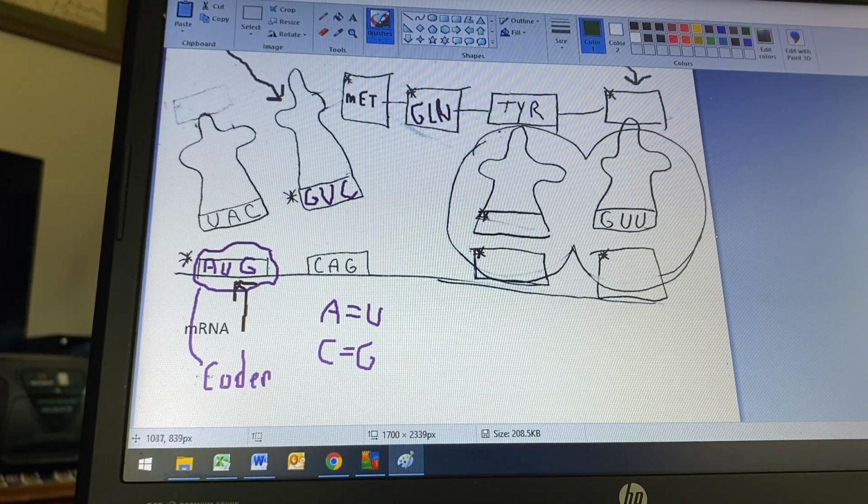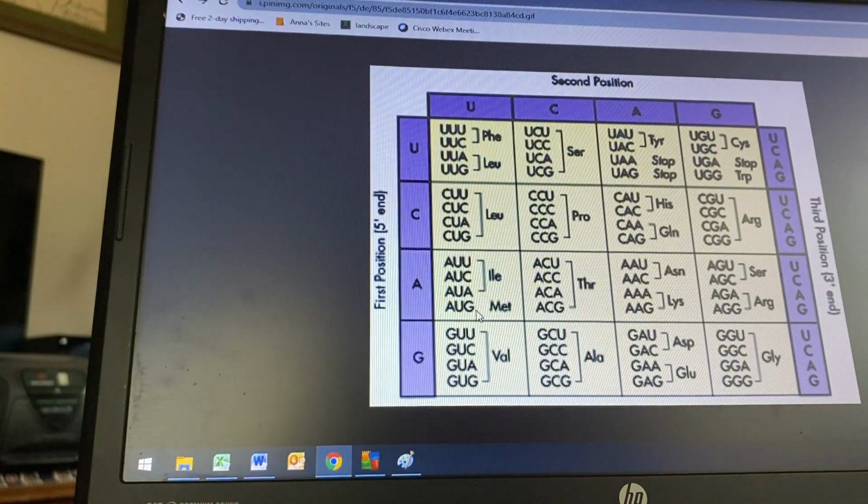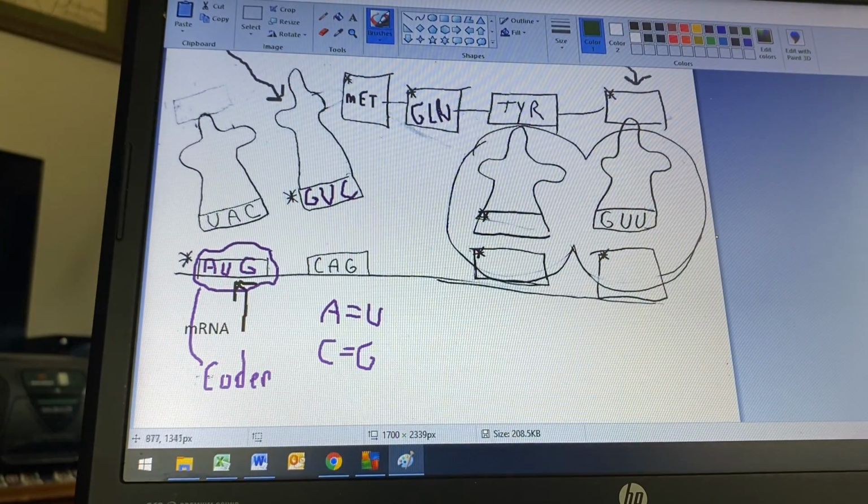All right, so here we have tyrosine, but we don't know anything about the codon or anticodon, so we got to go over to tyrosine. And here's one, UAU. There's actually two codons for this, so let's just pick UAU for this one. Okay, so I'm going to go back here, and I'm going to put UAU because that's a codon chart. Okay, UAU.